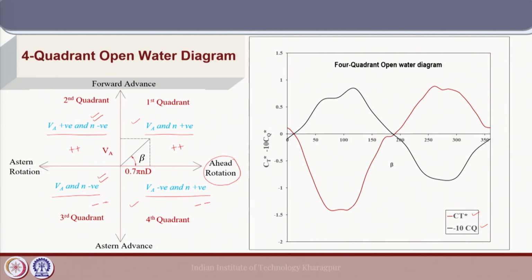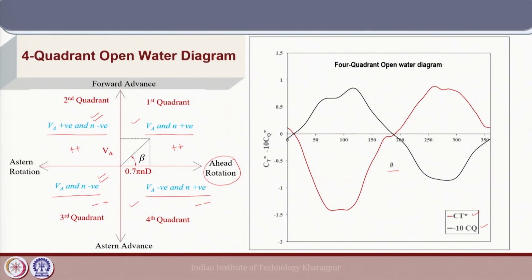So, this is especially used for normal ship motions as well as maneuvering conditions and astern motion for a ship, where the performance of the propeller in astern motion is also calculated. The horizontal axis in this case is beta, as we have discussed before, which varies from 0 to 360 degrees, and CT and CQ are plotted as functions of beta.